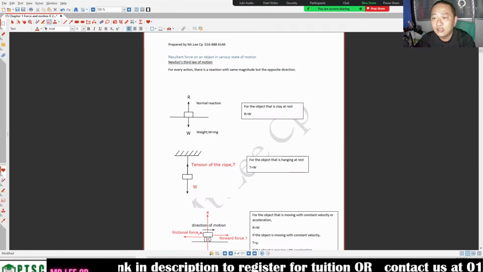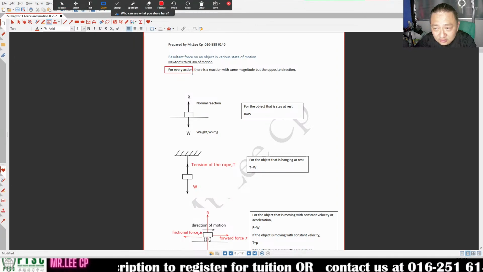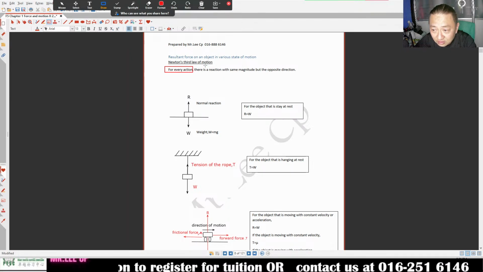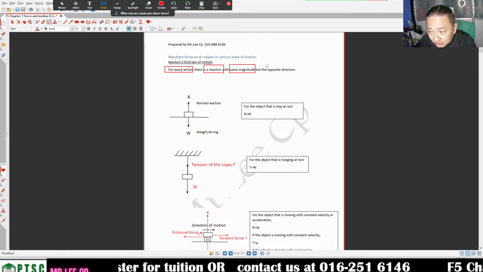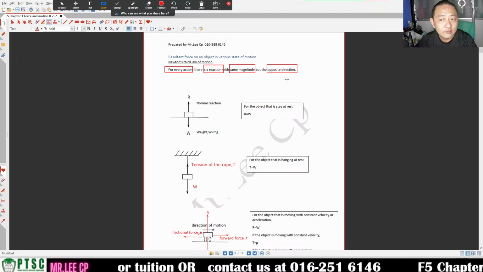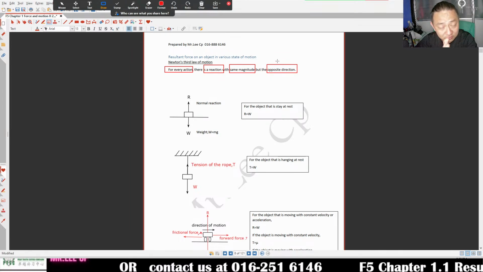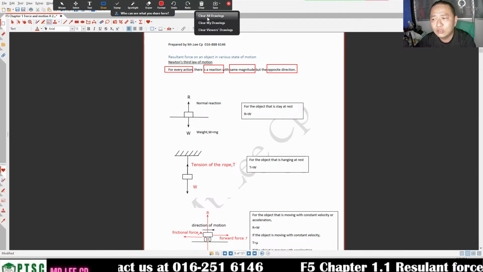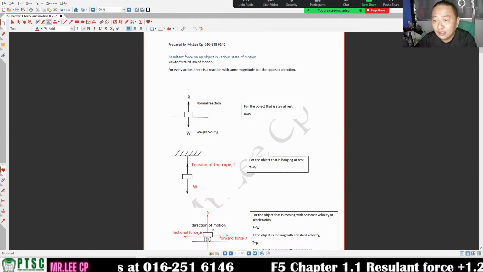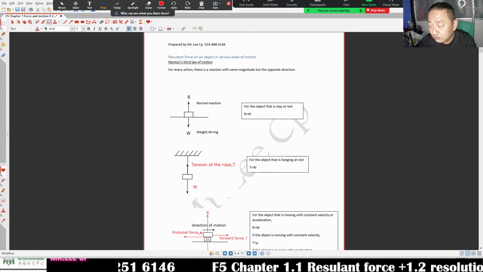Newton's third law says for every action, there will be a reaction, same magnitude but opposite direction. What does that mean? Remember, you learned this in Form 4.